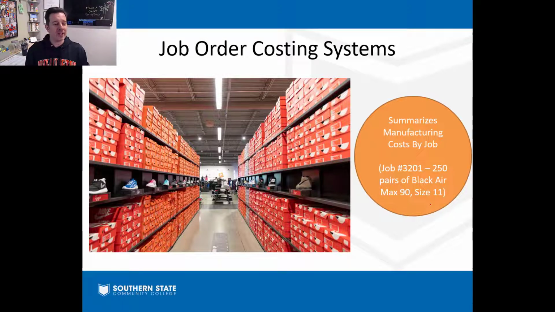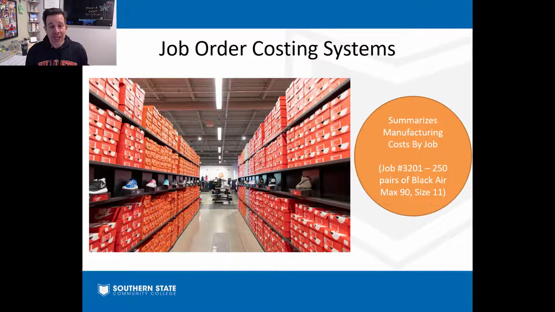And if you want to think of a different environment for Levi's, maybe a job might be 50 pairs of 501 stonewashed jeans. And maybe for Apple, a job might be 1,000 iPhone 9s or whatever. So every group of products that we're manufacturing is going to be a job.